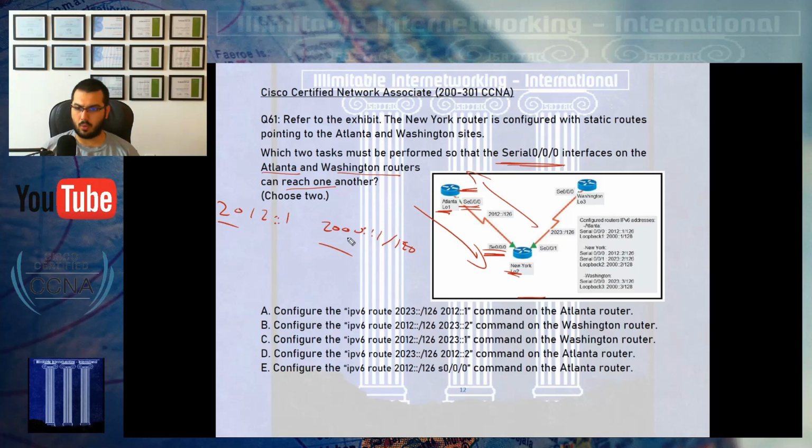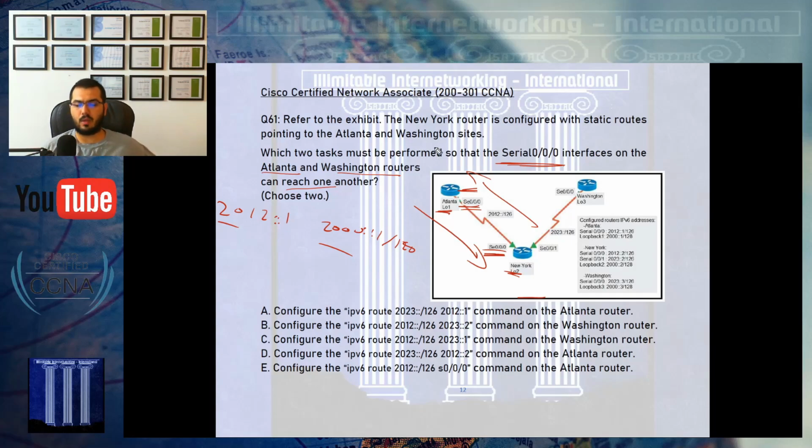So this should be configured on New York. So let's see from these guys. I think it should be configured in New York. Oh. Then how can I reach it?